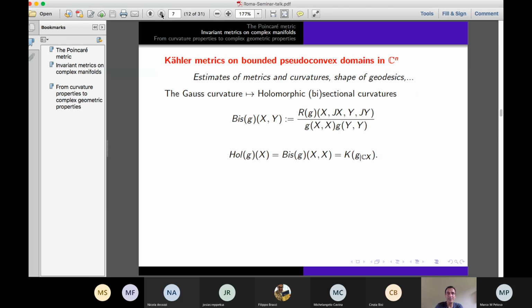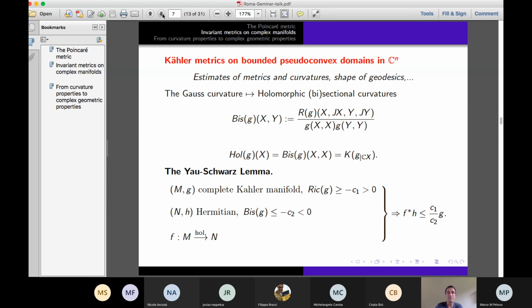So what we want to understand is how these curvatures behave in the case of some complex manifolds, and essentially in our case, in the case of domains. I told you before that there was a generalization of the Schwarz-Pick lemma I mentioned at the beginning, in the context of Kähler manifolds. Now you consider a complete Kähler manifold M endowed with some Kähler metric G, and you assume that the Ricci curvature is bounded from below.